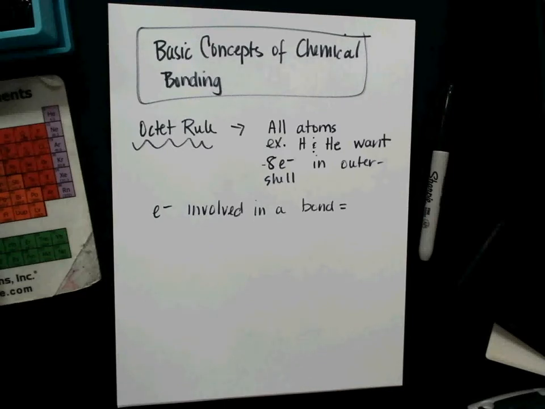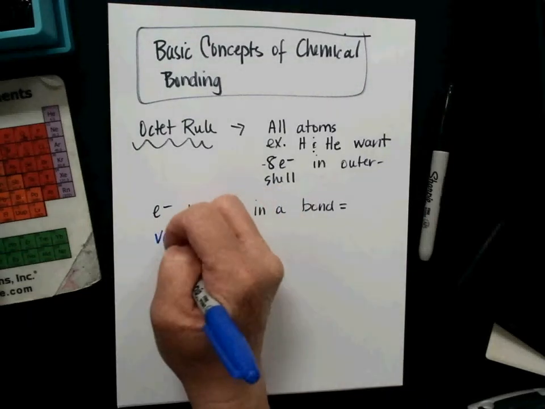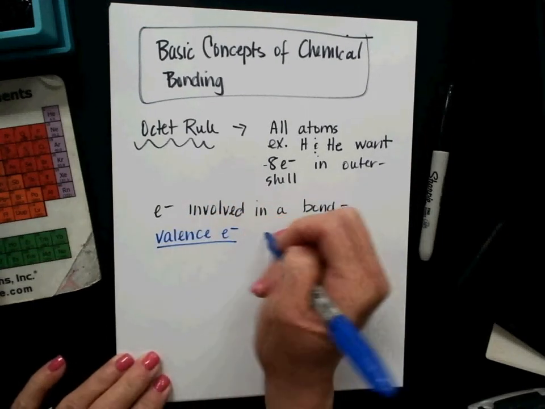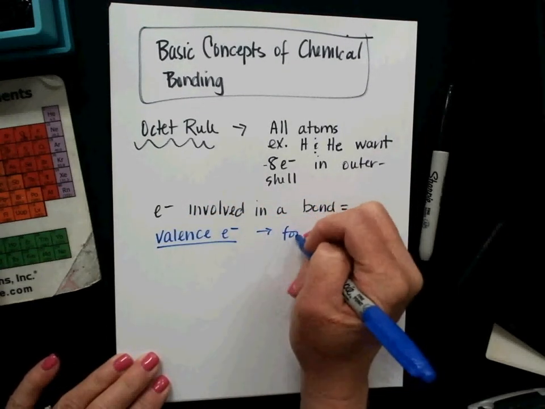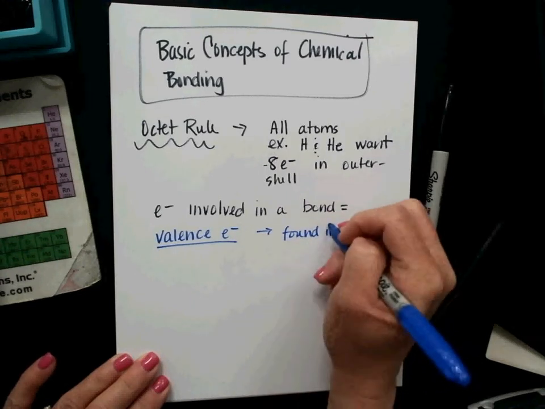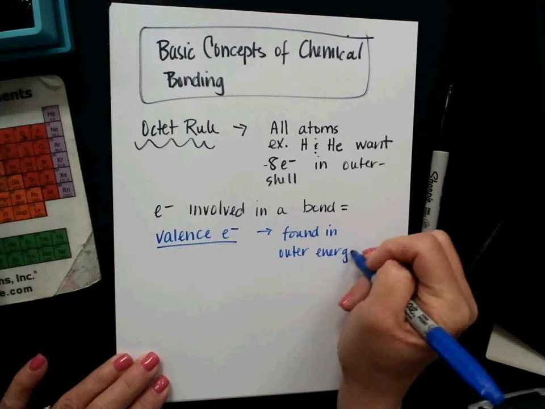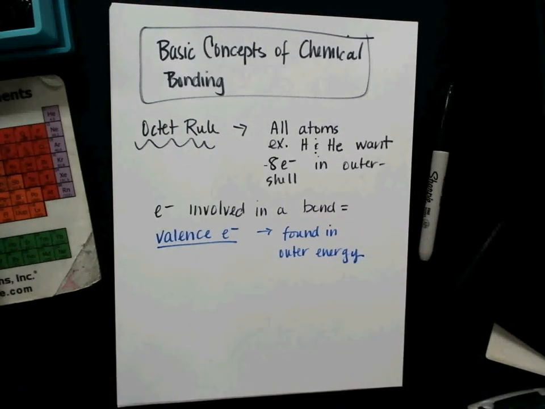They're called valence electrons. And they're the ones found in the outer energy level, or the outermost shell. You can say it any of those ways.